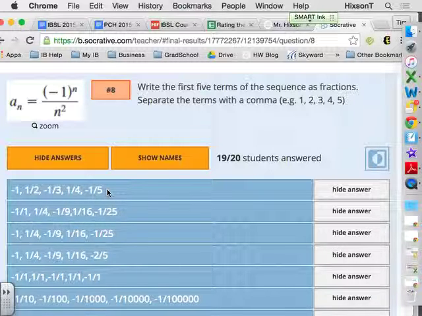Okay? And notice it's going to go odd power, which will end up negative, then an even power, which will end up positive, then an odd power ends up negative, even power ends up positive. So you're going to see this alternating between negative and positive a lot when you have a negative like this that's being raised to a power. Okay?